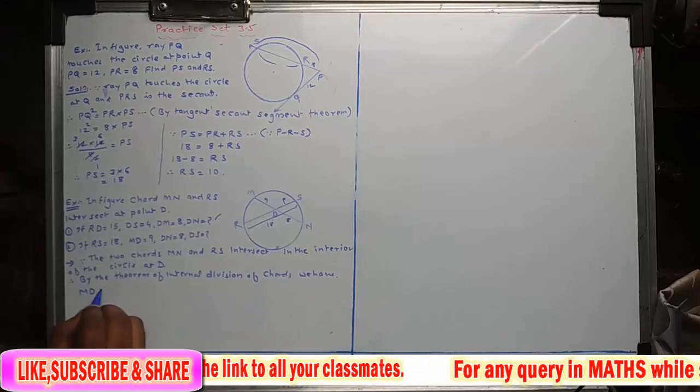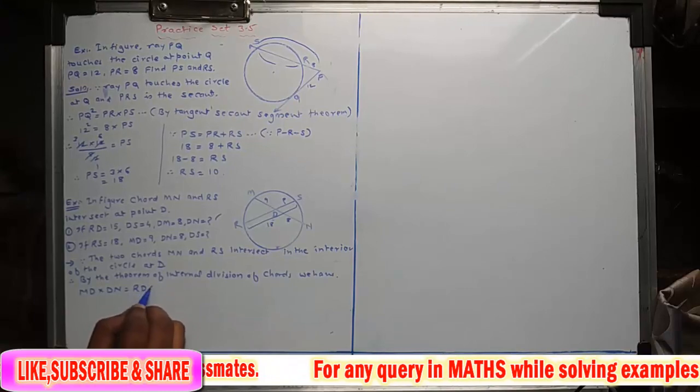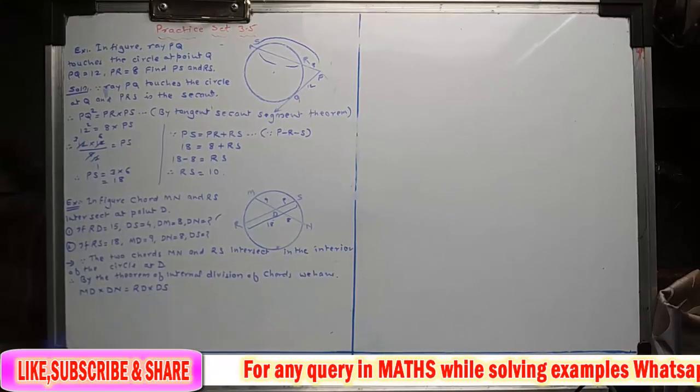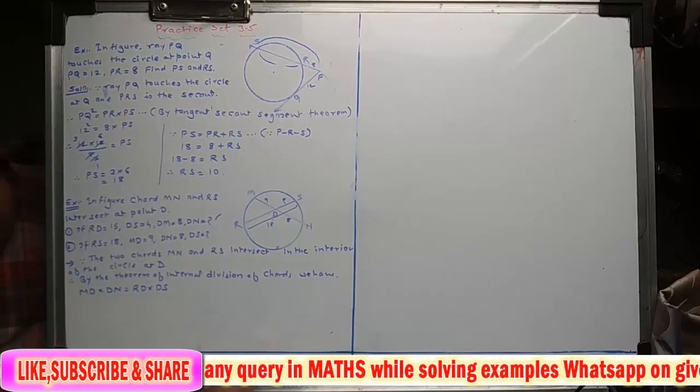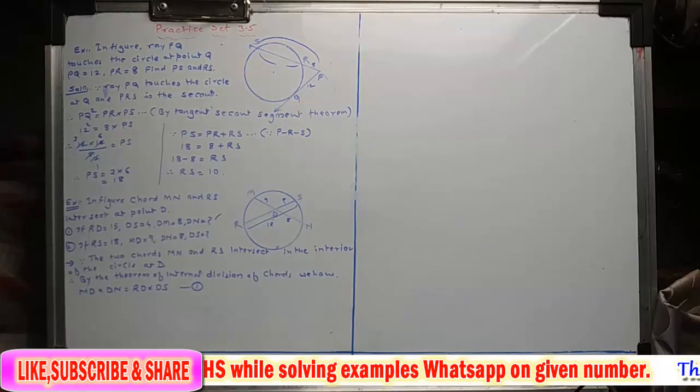It is MD into DN is equal to RD into DS. Okay, RD लगेगा अपने को. So this is equation number 1.